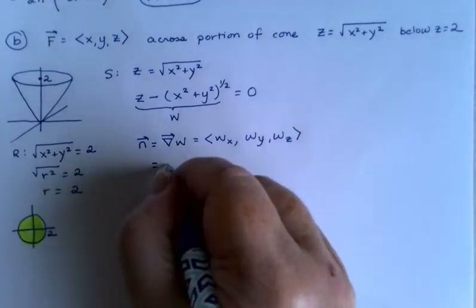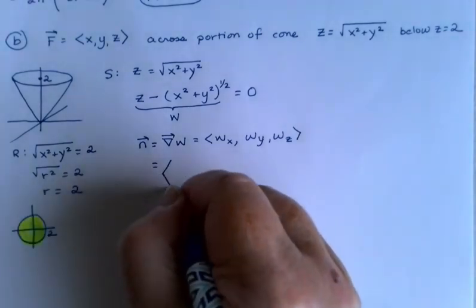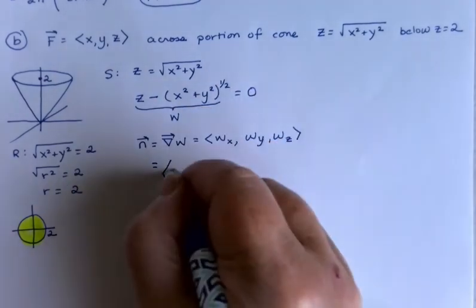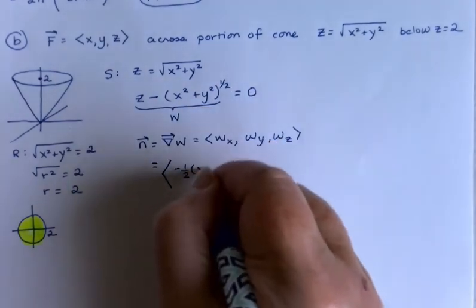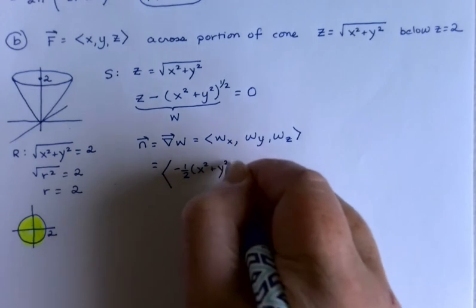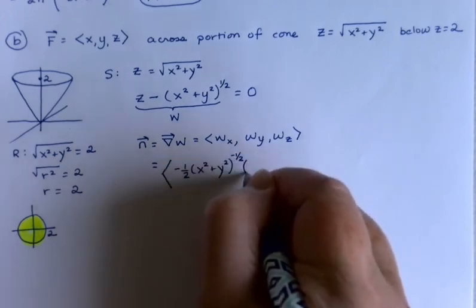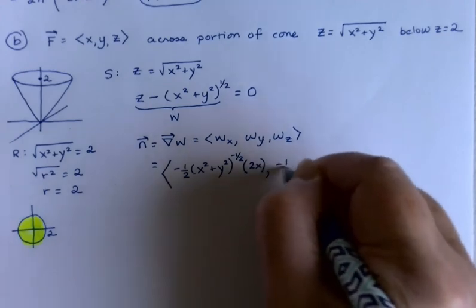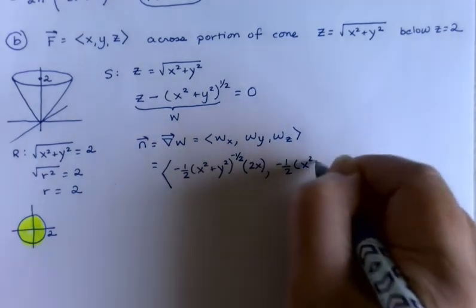So in this case, our normal vector is, derivative with respect to x is going to be a negative 1/2 x squared plus y squared to the negative 1/2 times 2x. And very similar for the y derivative.